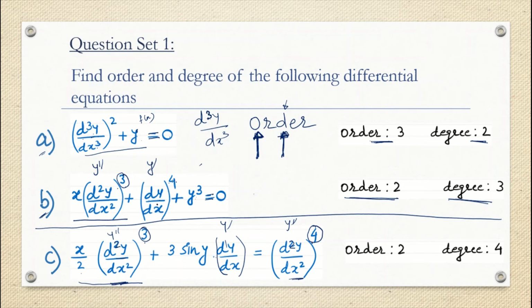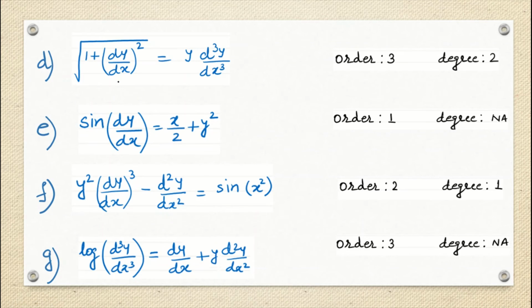Actually, if we go towards a more refined definition, the degree of differential equation is the highest power of highest derivative. So the degree of this differential equation is 4, not 3. Okay, now we'll see some more questions.